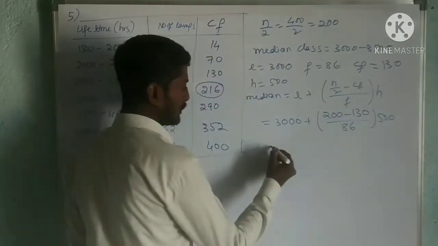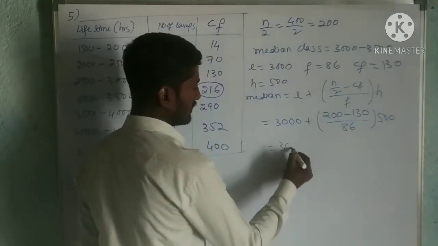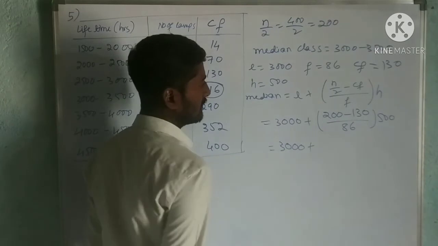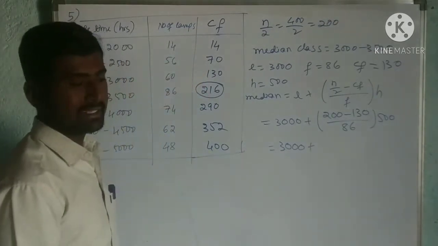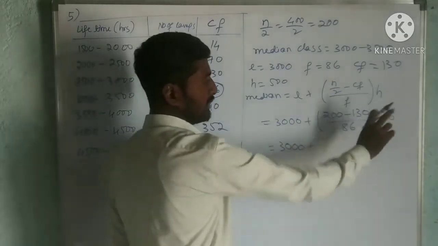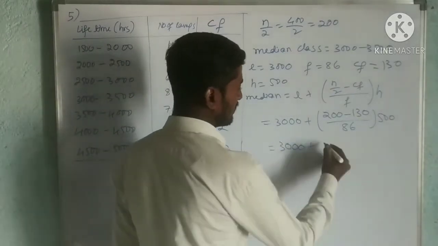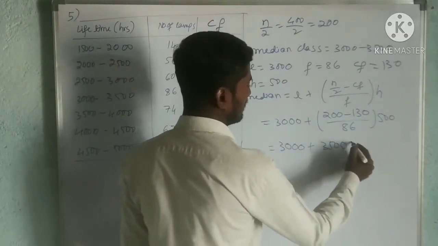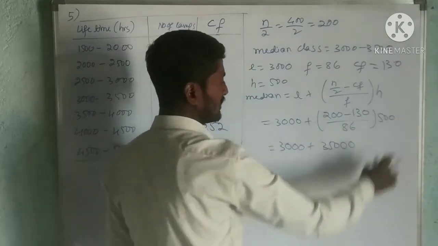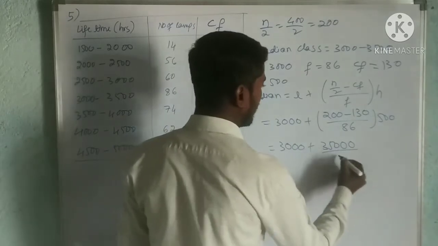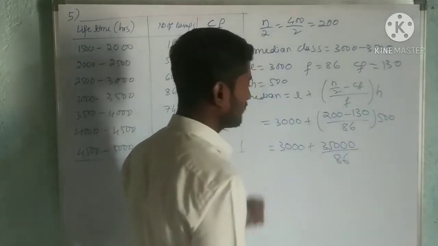Now this is equal to 3000 plus 70 into 500. 7 5s are 35, followed by 000, divided by 86.